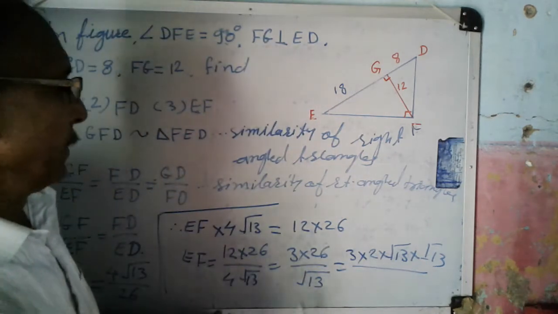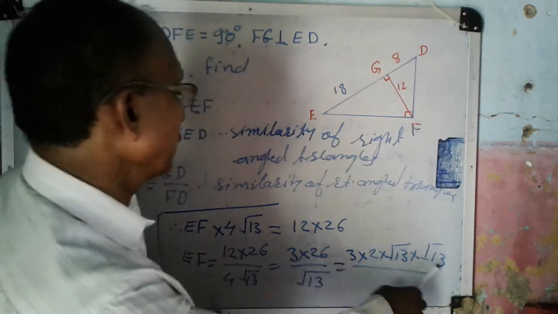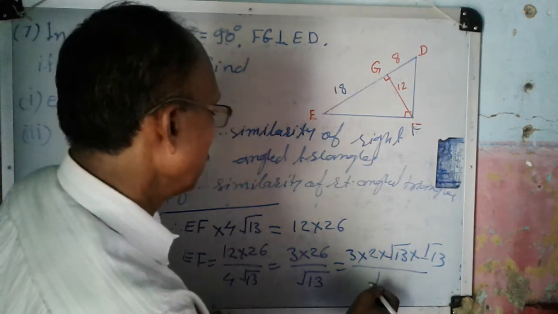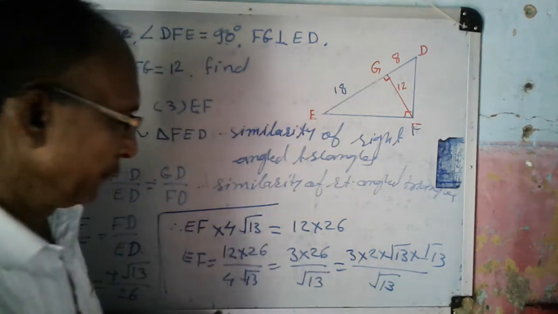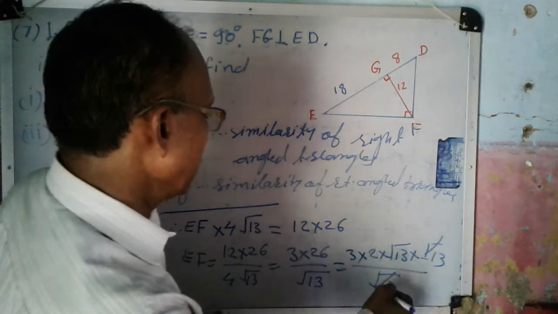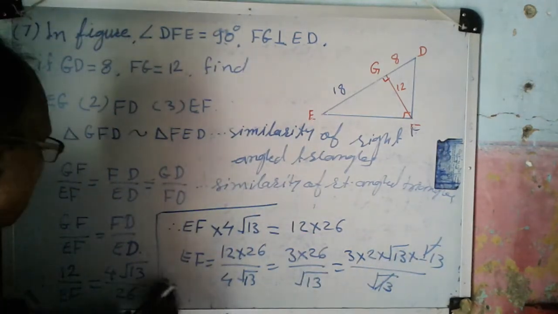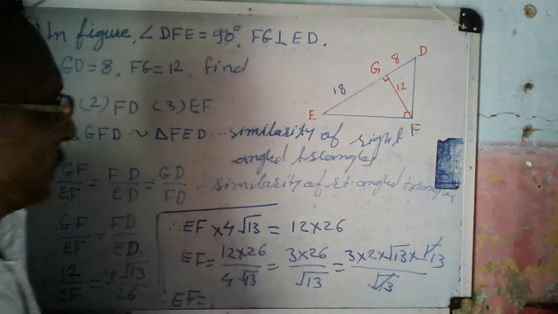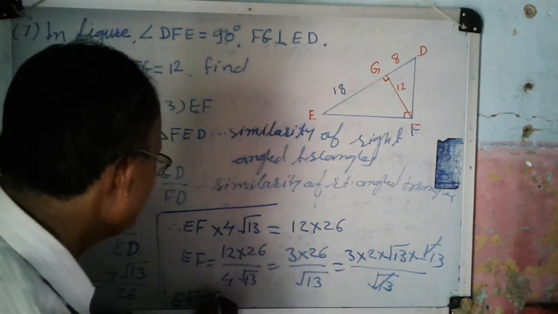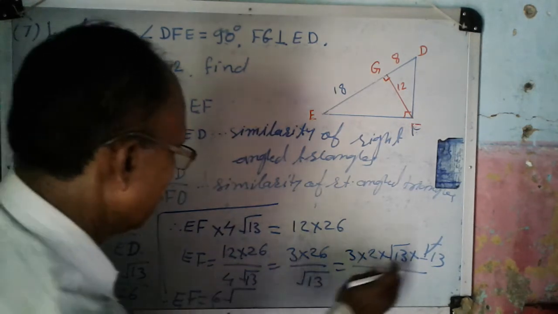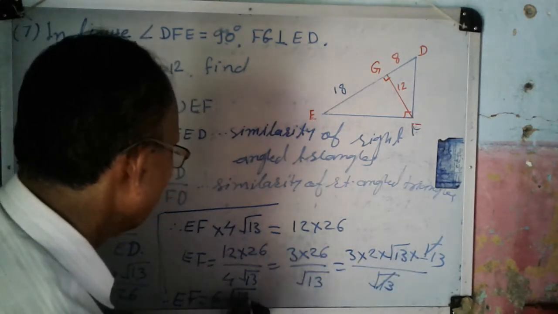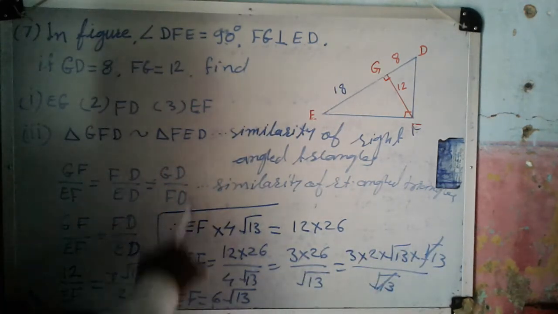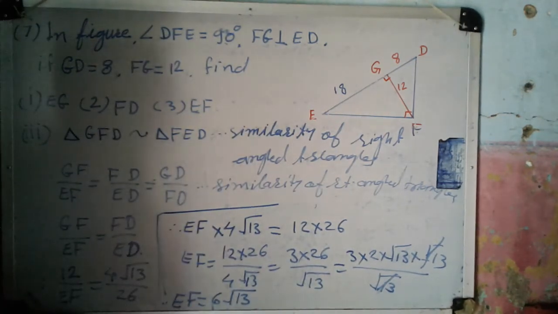That means 3 into 26 we can write like this: 3 into 2 into root 13 into root 13 upon root 13. Now root 13 gets cancelled. So our answer is EF is equal to 2 3s are 6 under root 13. Therefore EF is equal to 6 under root 13.